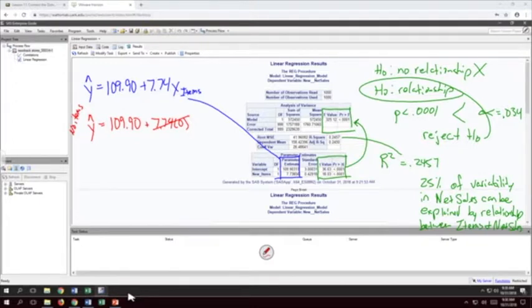Okay. So let's try one item. $109.90 plus one of these, $7.74. What? 117.64?